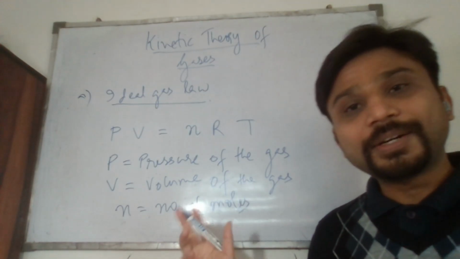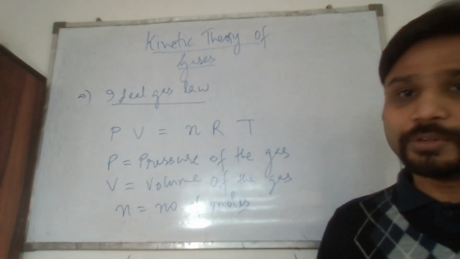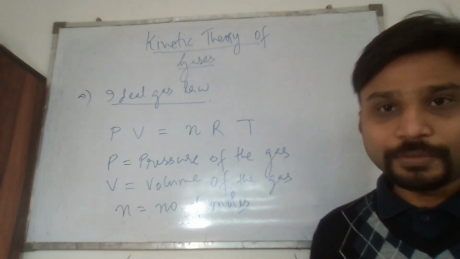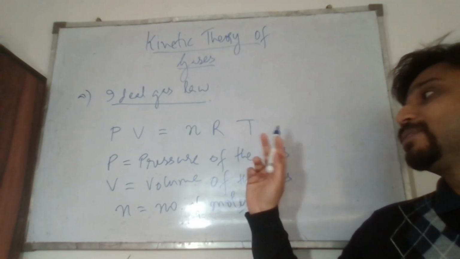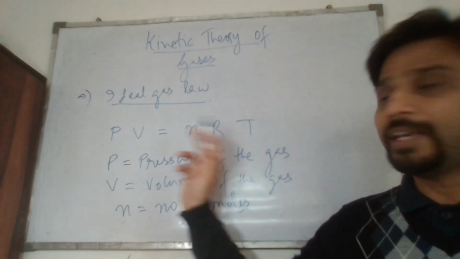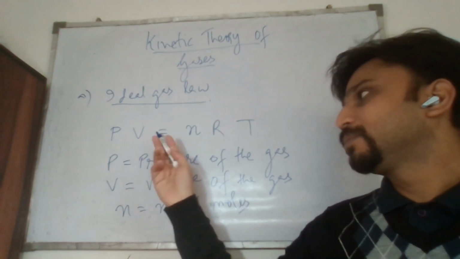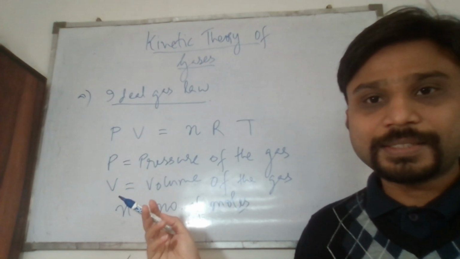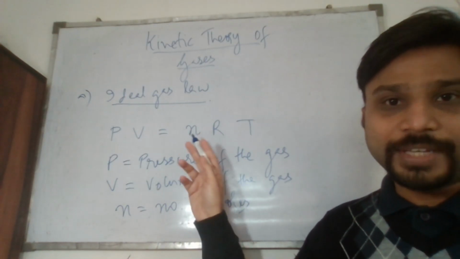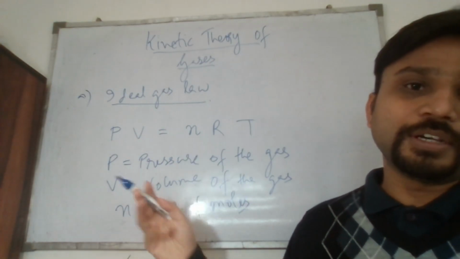And not only that, we can say that the pressure and volume of the gas depend upon the number of particles for a given temperature. For example, if the gas temperature is T, and P and V are the pressure and volume. If we blow more moles of gas inside the balloon, then the volume of the balloon will be more.